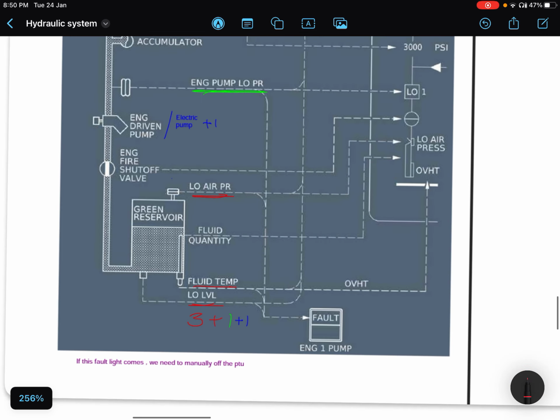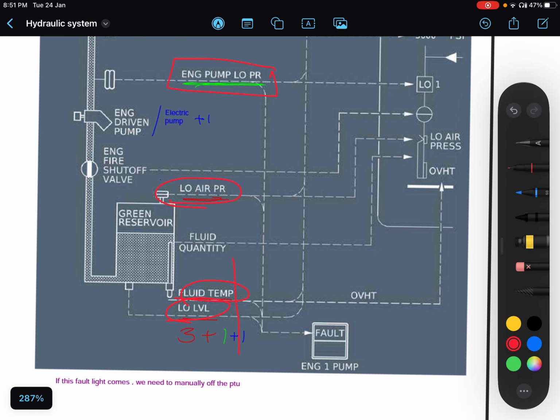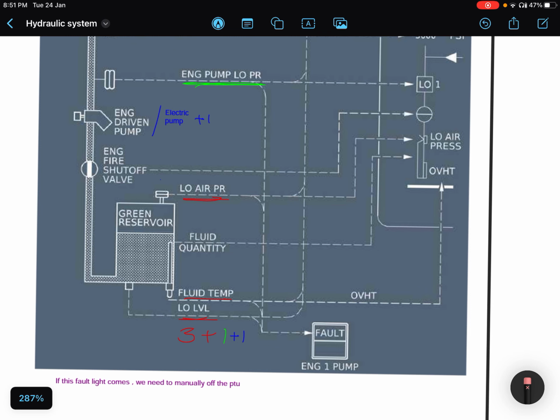If the reservoir level is low, if the fluid temperature is high, or if the air pressure to pressurize the reservoir is low, and then low pump pressure, and the fifth and last thing is the temperature of electric pump. If the temperature of electric pump, because of its wiring or coiling, increases after a certain limit, then also this fault light comes. So there are four reasons if we talk about engine driven pump, and there are five reasons for electric pump.